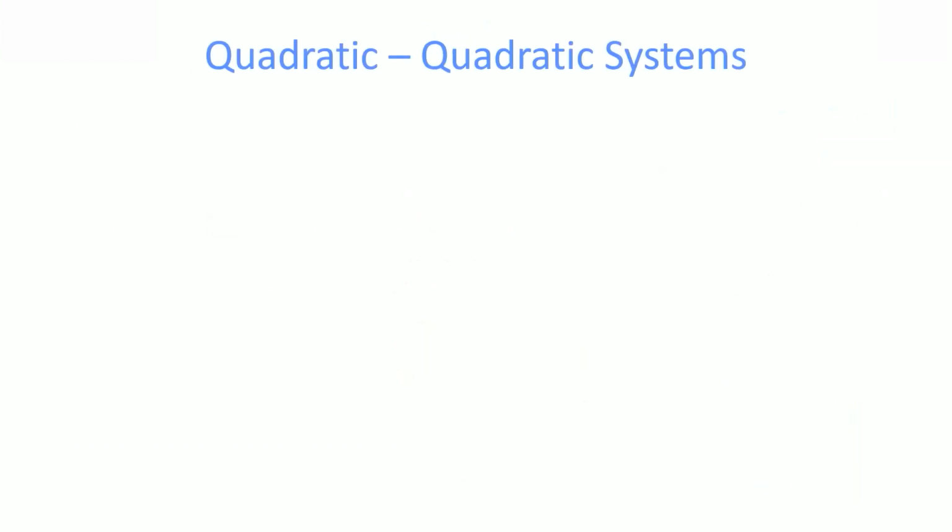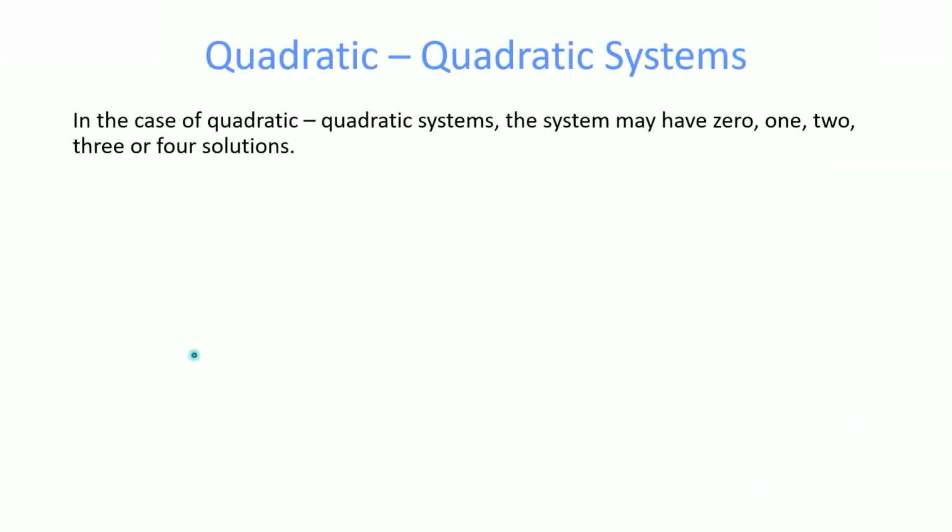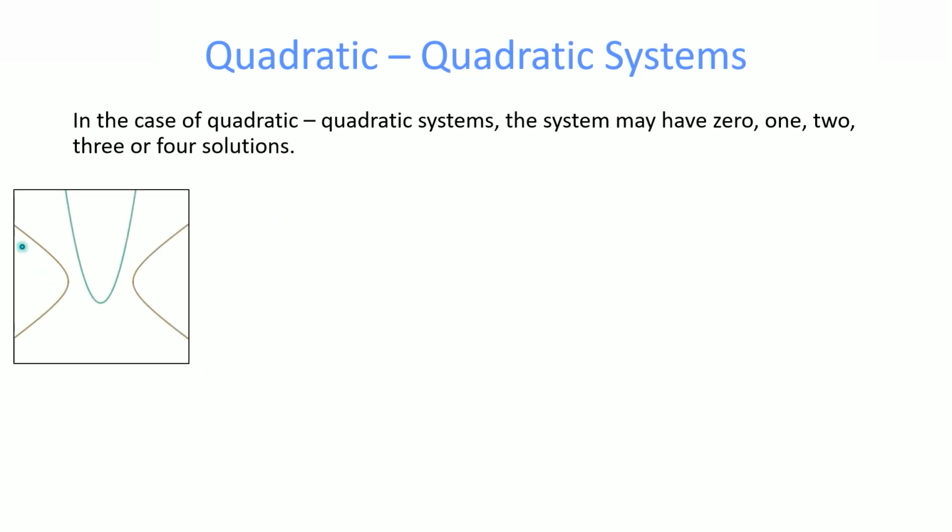Moving on to quadratic systems. In the case of quadratic systems, the system may have 0, 1, 2, 3, or 4 solutions. Let's consider the following representations. We can see that the blue curve and the red curve do not intersect, so no solutions.